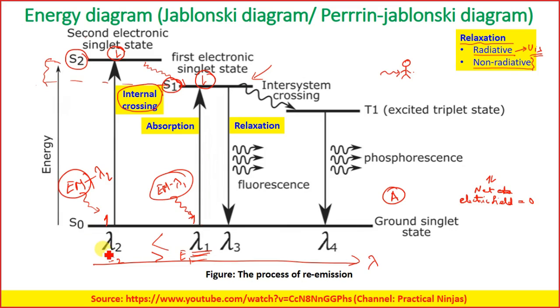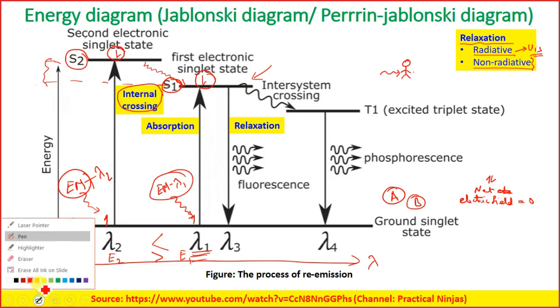Okay, it may absorb lambda 2 to its maximum, and molecule B, it may absorb lambda 1. It will absorb mostly the lambda 1. So our idea is to get to the first electronic singlet state.